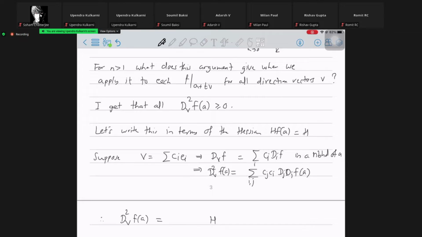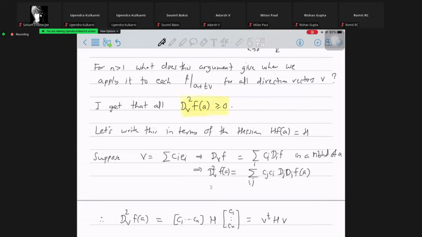So this is c1 up to cn, the vector, which was the vector v written in column notation. So this is exactly v transpose Hv. This is where the positive definiteness or negative definiteness comes into play. So what is the upshot? We know that this is the case.